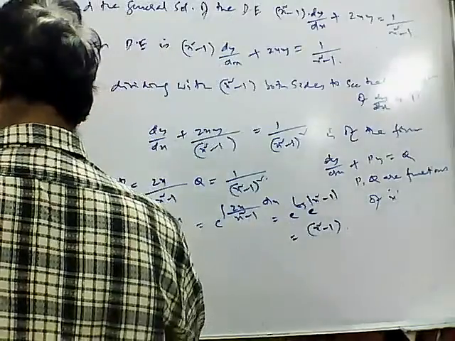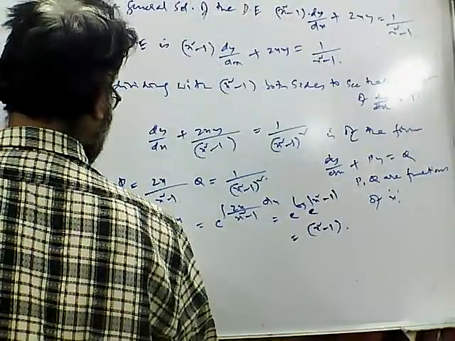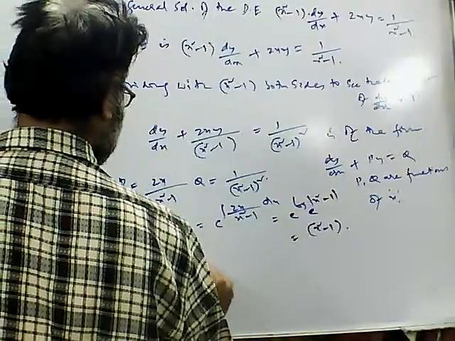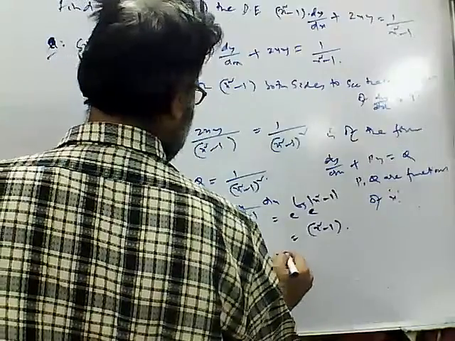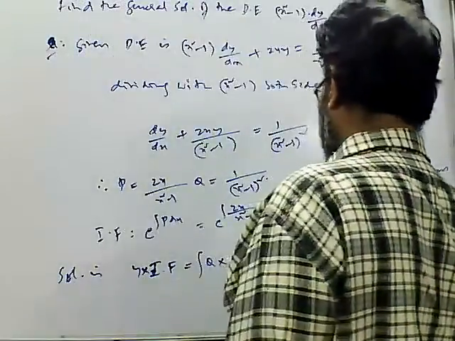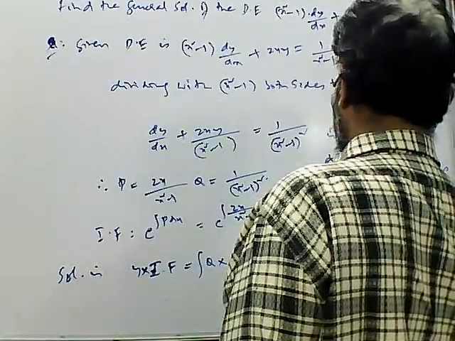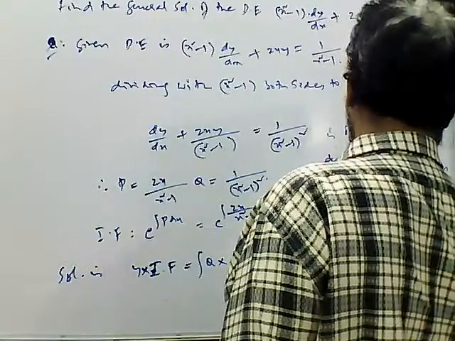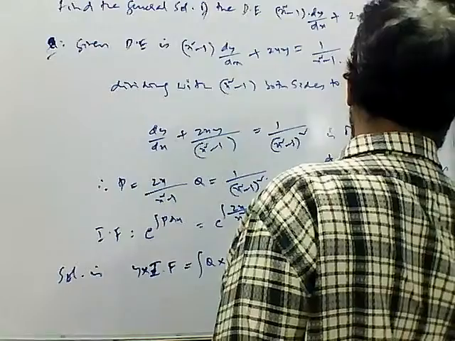Then the solution is y into IF is equal to integral q into IF dx plus c. So y into (x square minus 1) is equal to integral 1 by (x square minus 1) whole square into (x square minus 1) dx plus c.